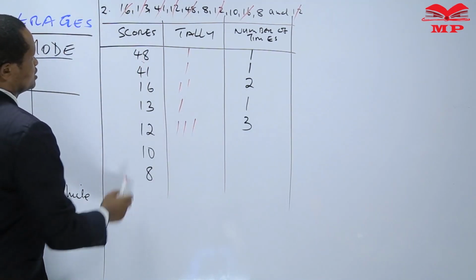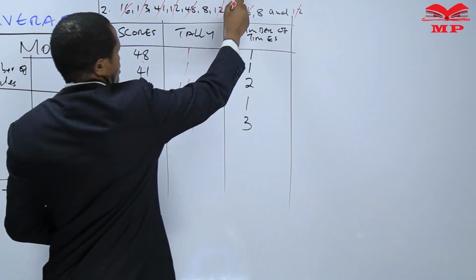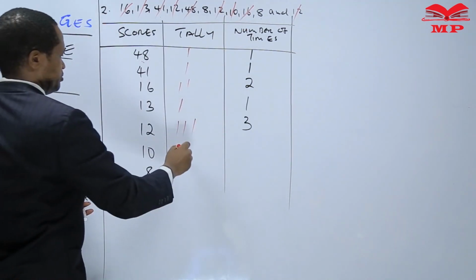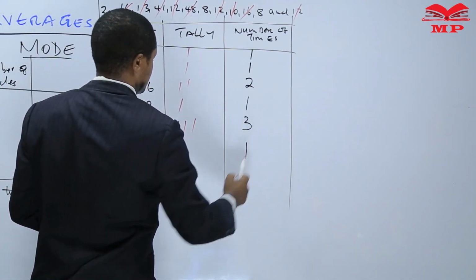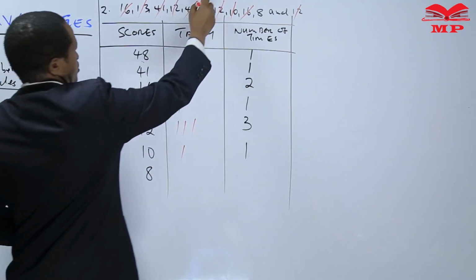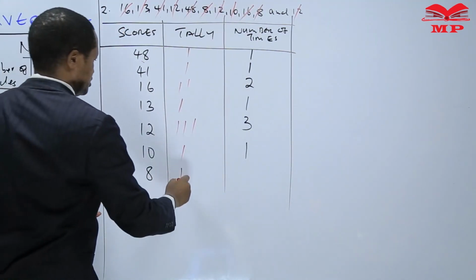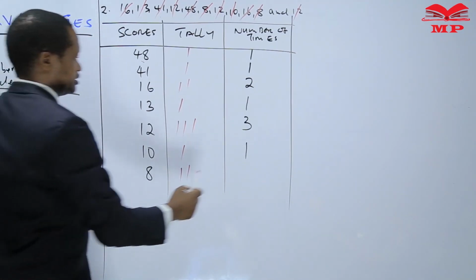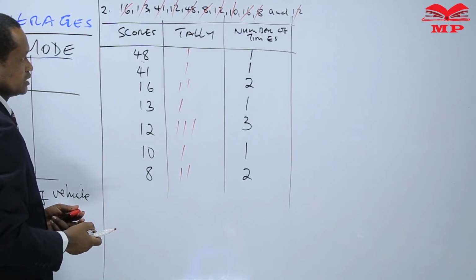How about 10 marks? One student scored 10 marks. 8 marks, 1, 2. 2 students scored 8 marks.